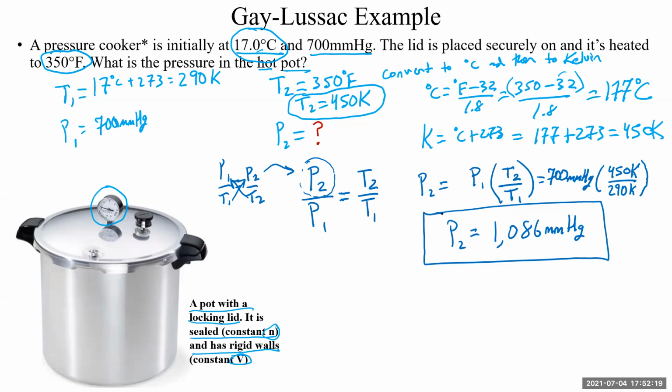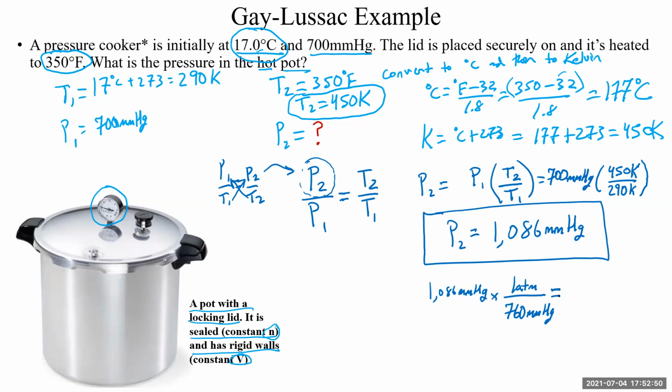Now, if you wanted this in some other unit, you're more than welcome to convert it. It looks to me to be about 1.3 atmospheres. In fact, just for comparison, 1,086 millimeters. Every 760 millimeters of mercury is 1 atmosphere. I just find atmospheres a little bit easier to understand than millimeters of mercury, only because it's a lot easier to understand 1 atmosphere than some random number like 760.